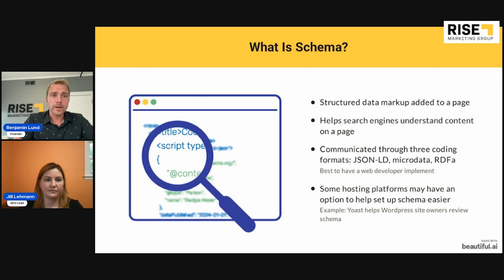So Jill, why don't you share what exactly is schema? So schema is structured data markup that helps search engines like Google and Bing understand the purpose and content on your pages. Structured data markup is in the form of a coding format. There are 3 different formats that they use: JSON-LD, microdata, and RDFa.